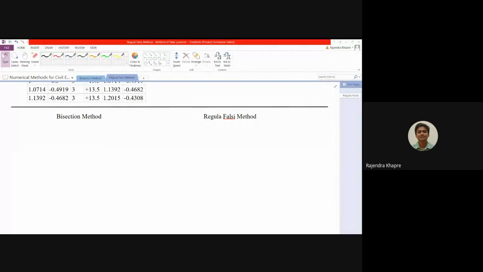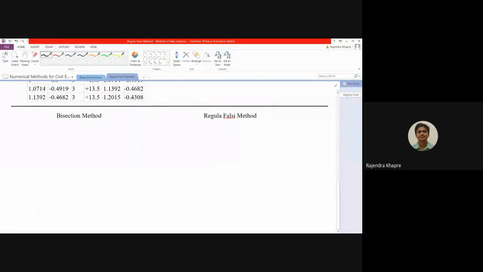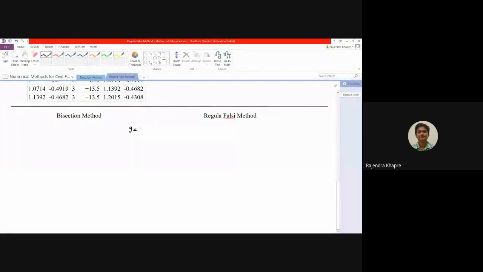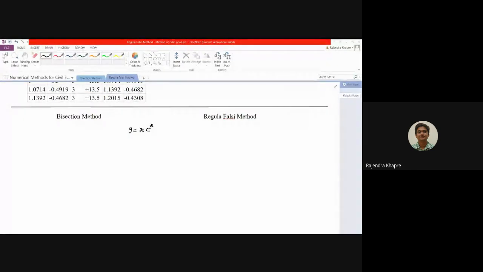Let me note down the problem. Till now we are using a simple equation. Now we will have some complex equation. So y is basically a function of x, but this time y equals x into e raised to power x, minus 3.